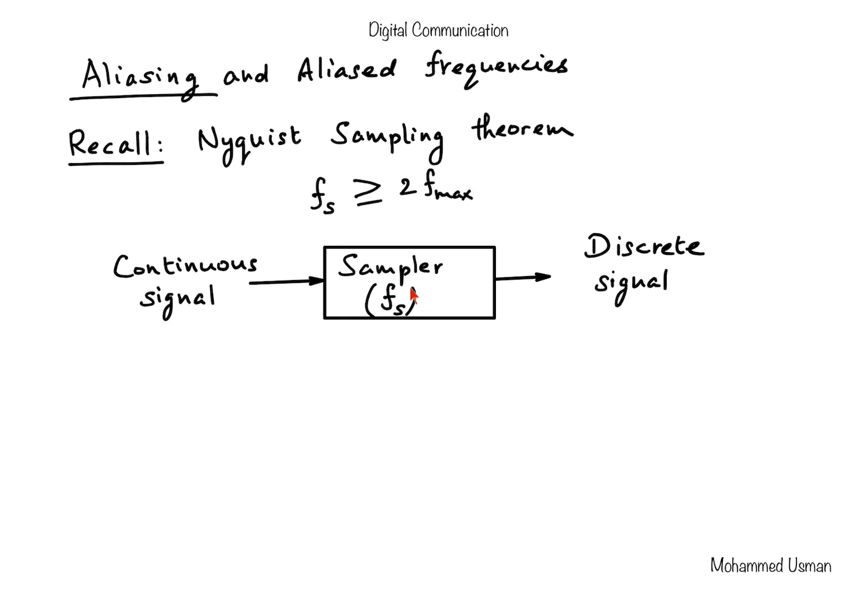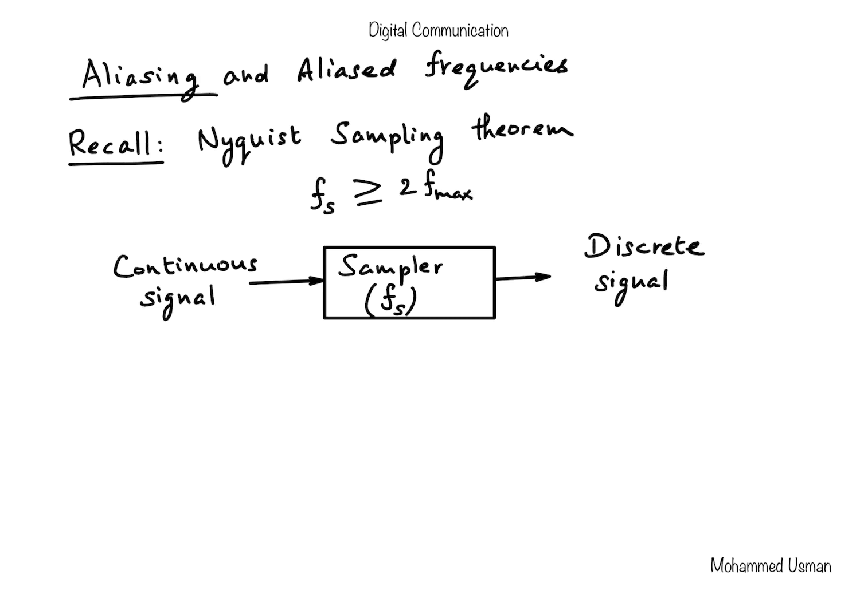Now if we have such a sampler and we are using the sampler to convert a continuous signal to a discrete signal, then what is the maximum input frequency that can be applied to this sampler such that there is no aliasing occurring when we have a reconstruction of the original signal from this discrete signal?